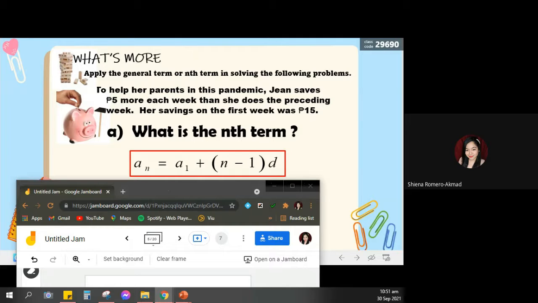Ano yung isa-substitute natin? Yes? May nag-raise ng hand. Hindi ko nakita yung name. What is the difference? Naku, wala na sumagot.